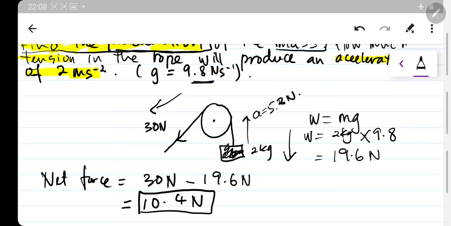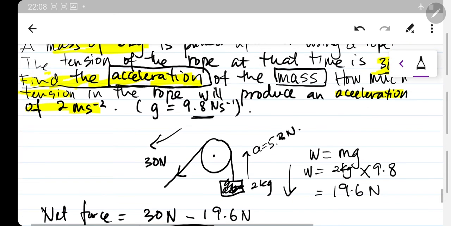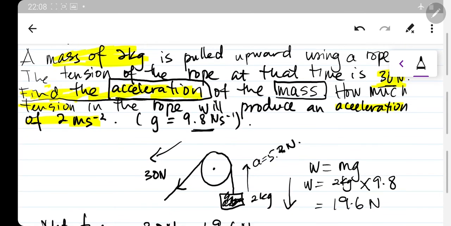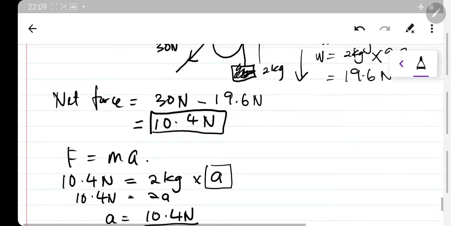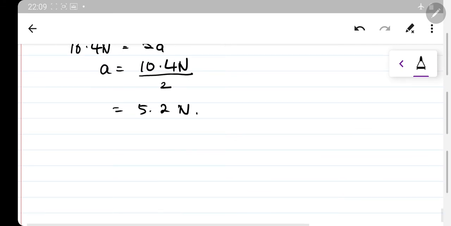So now, next we need to calculate how much tension in the rope will produce an acceleration of 2 meters per second squared. We are given 2 meters per second squared. So we need to find net force again. I redraw the diagram.